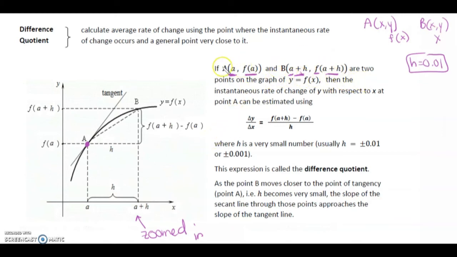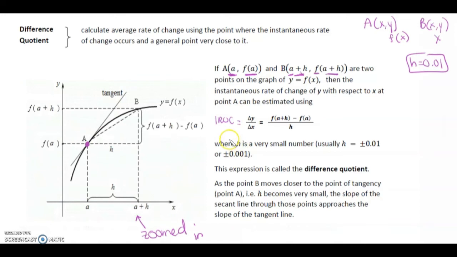So if points A and B are 2 points on the graph of f at x, then the instantaneous rate of change of y with respect to x at a point A can be estimated using, poof, the slope formula again. But we're not going to call it m equals. We're going to call it instantaneous rate of change equals.